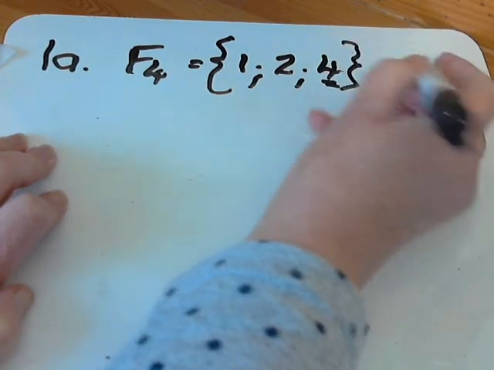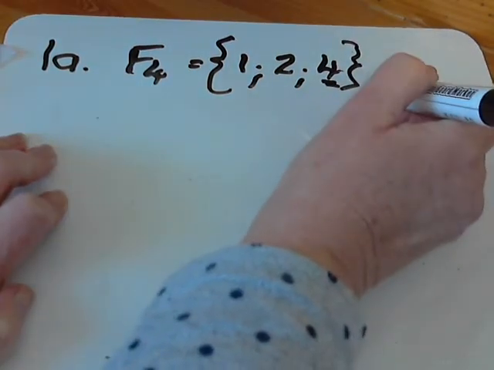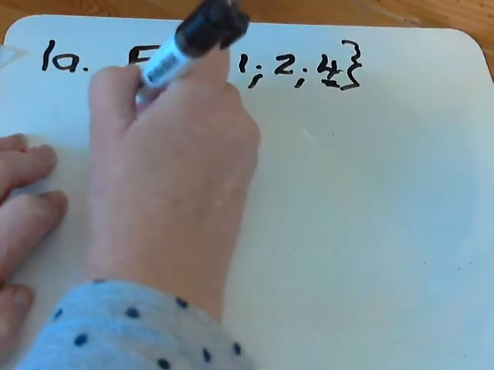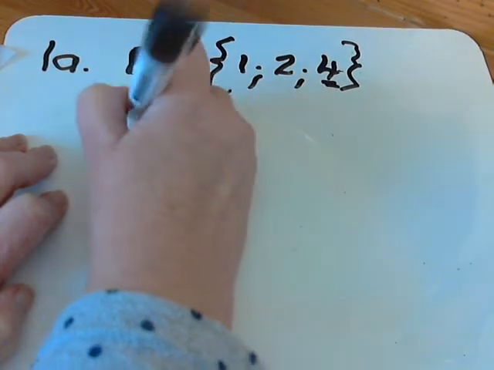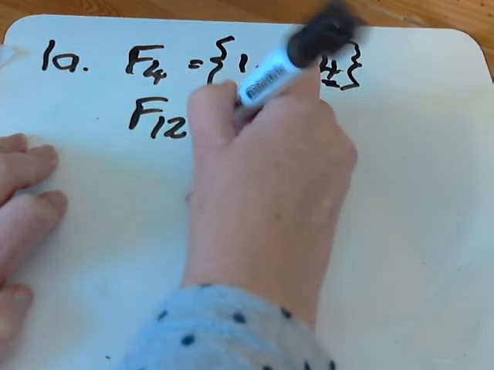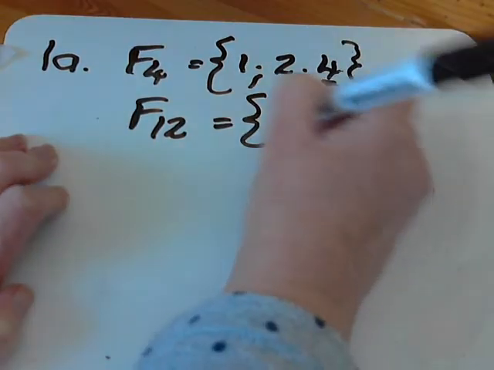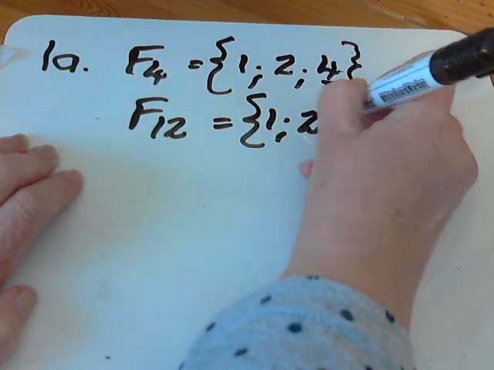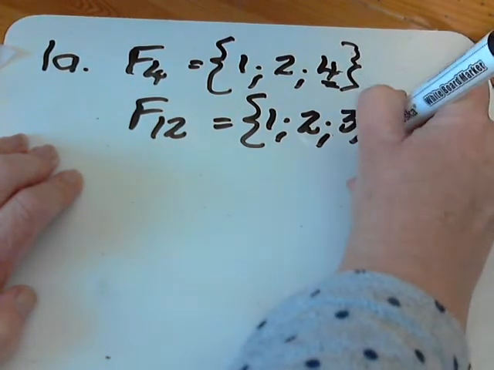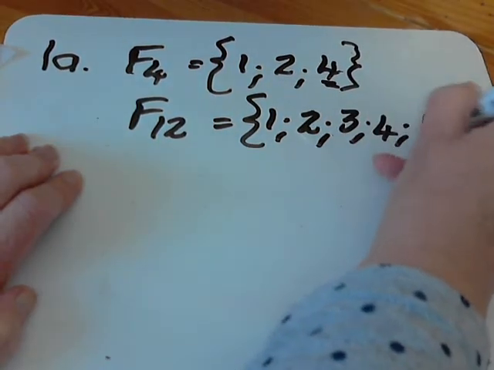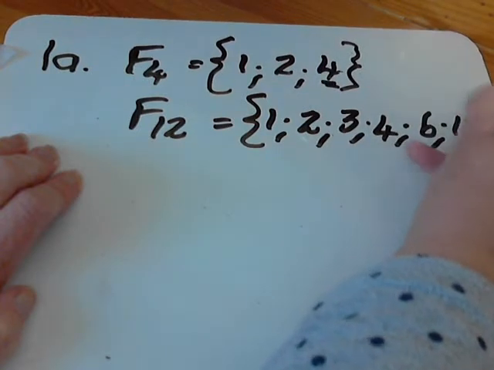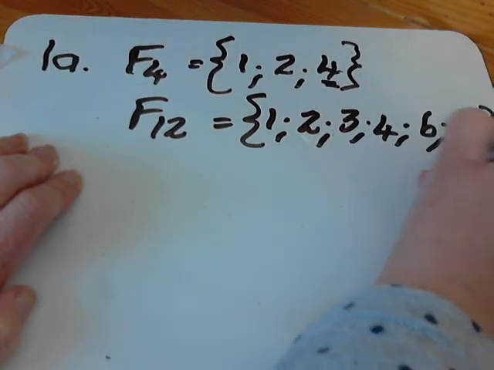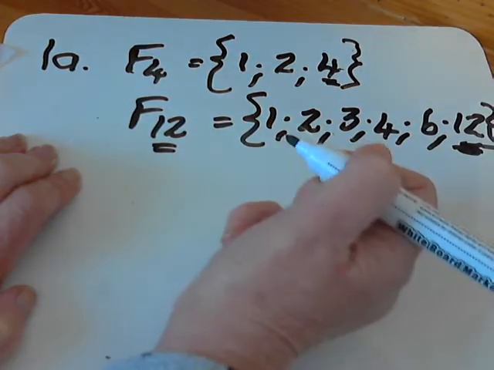There's no dot, dot, dot continuing. That is for multiples. Right, so if we say factors of 4, then we've got factors of 12. Squiggly bracket, what goes into 12? 1 can, 2 can, 3 can, 4 can, 6 can, and 12 can. Once again, do you see we end with the factor number?